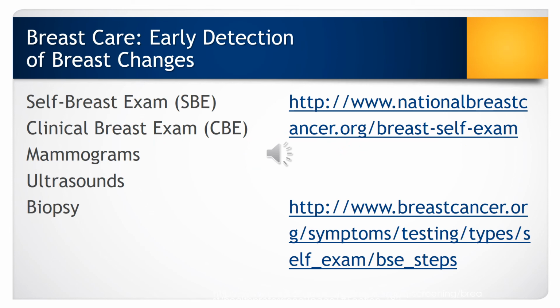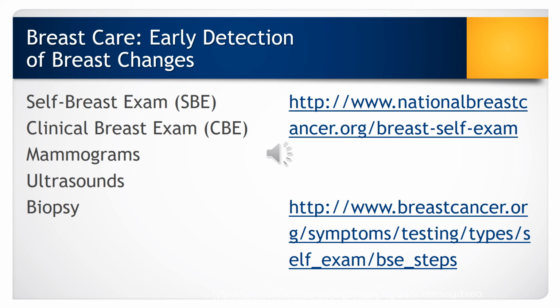1 in 8 U.S. women will develop breast cancer over the course of her life. Women in the U.S. have higher death rates from breast cancer than those of any other country besides lung cancer. Besides skin cancer, breast cancer is the most commonly diagnosed cancer among American women.